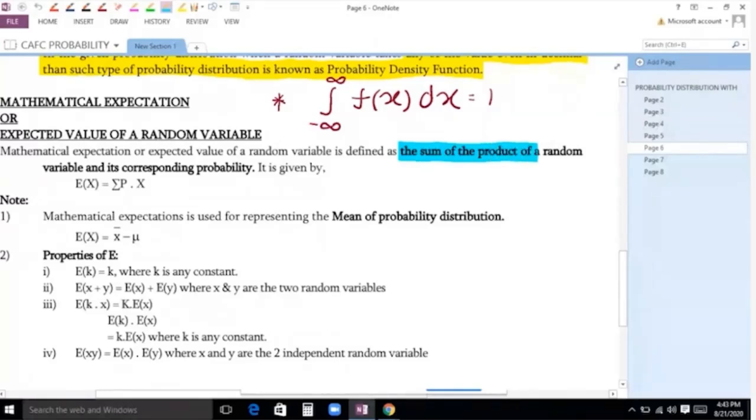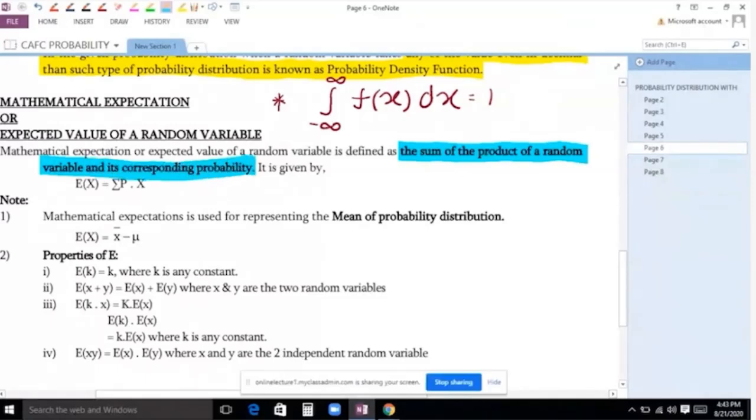Sum means total, and product means multiplication, of a random variable and its corresponding probability.